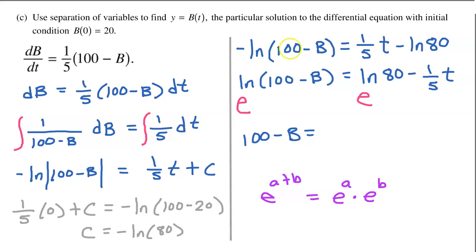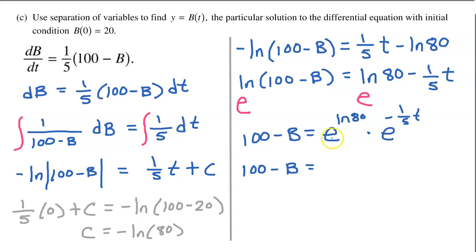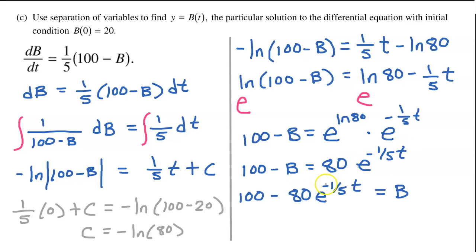So that's why I can rewrite this as e to the natural log 80 times e to the -1/5 t. Now I can cancel out the base e and the natural log, leaving behind 80 in the front. So I have 80 times e to the -1/5 t.